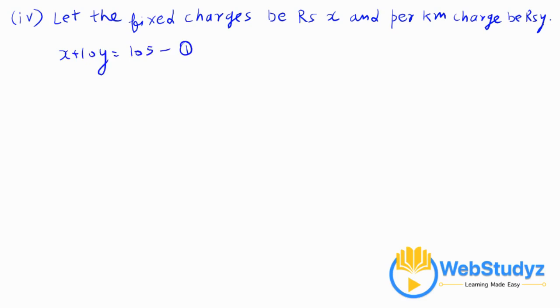This is our first condition. And second is X plus 15Y equals 155. This is our second equation.